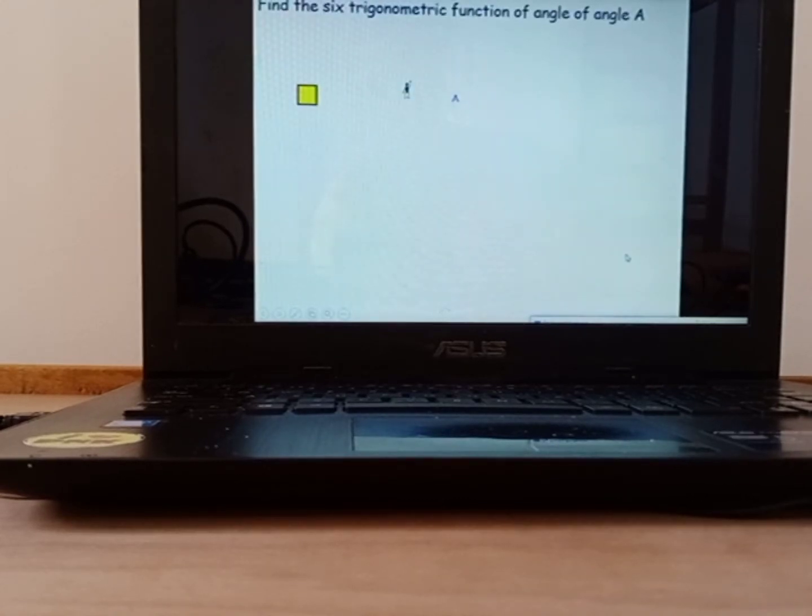So let's try this one. We will find the six trigonometric functions of an angle A. Here is our angle A. Before we proceed, class, let's first identify our opposite leg, our hypotenuse, and our adjacent leg.